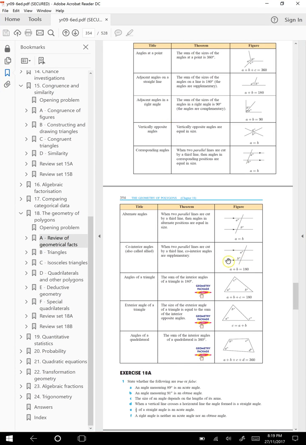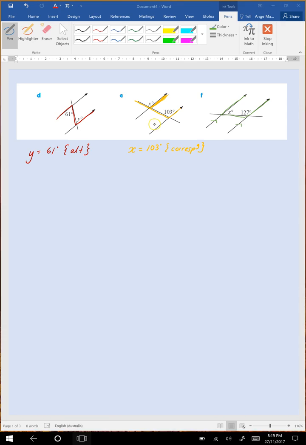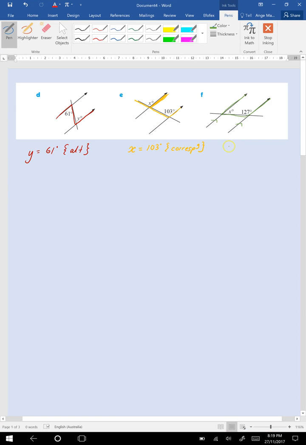Over here, they have to add up to be 180 degrees. Now, co-interior, allied, you could also call it supplementary, whatever you're in the mood for. So in this case, we would say that x equals 180 take 127 degrees. Why? Because they are allied angles, and that would make it 53 degrees.